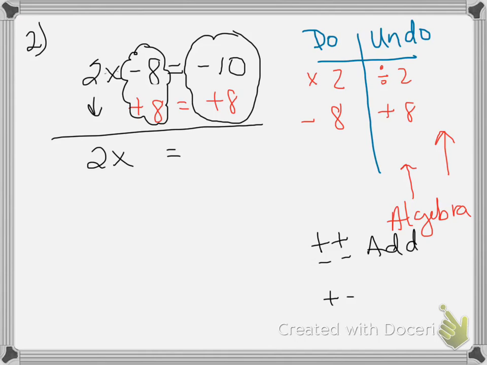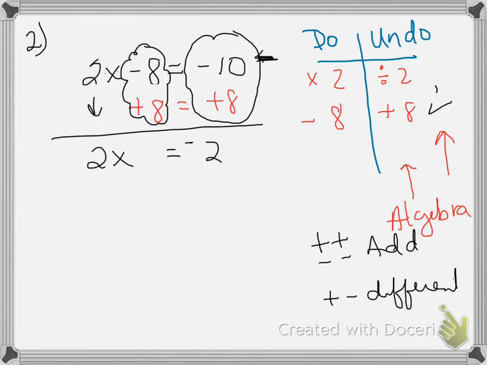If the signs are different, then we subtract the numbers and take the biggest sign. In this case we have a minus and a plus, so you just say 10 minus 8, and that is 2. The biggest number is 10, so we take the sign on that, which is negative. So we've done adding and subtracting to both sides first.